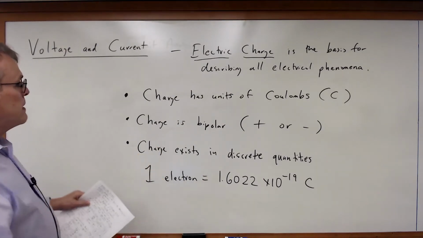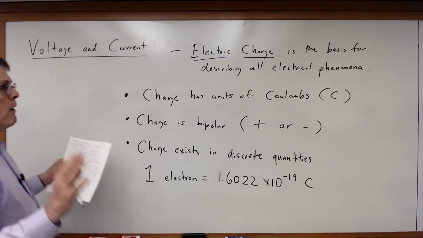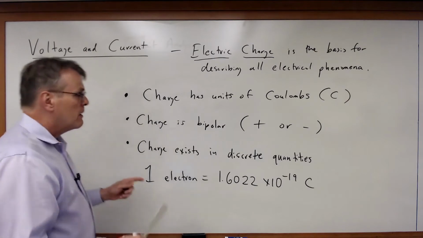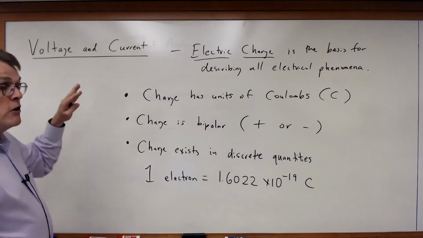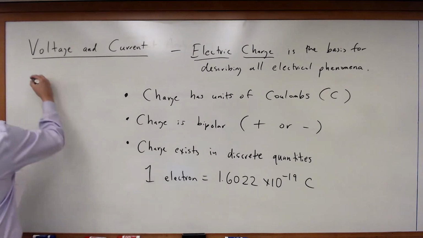So what we find is, when we talk about electric charge, all electrical effects that we can study in circuit analysis come about either due to charge in motion or the separation of charge.